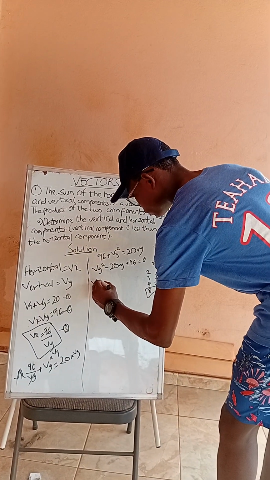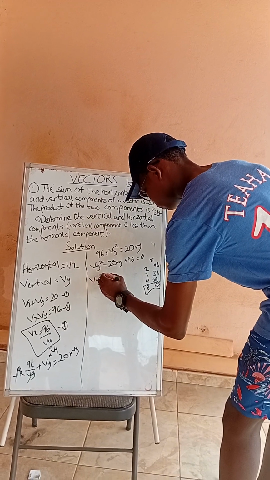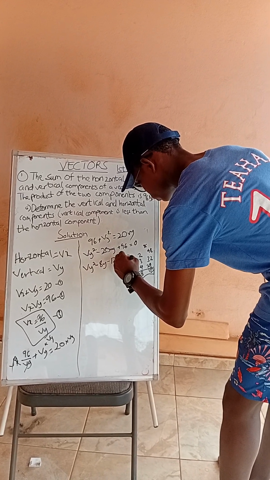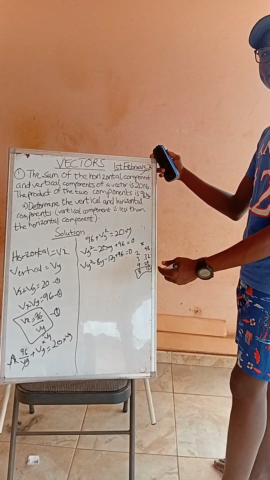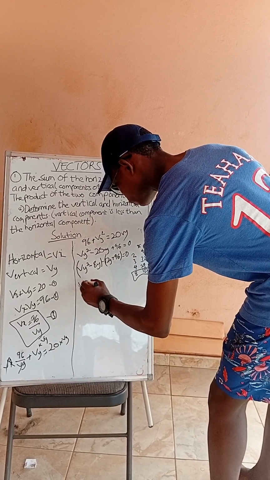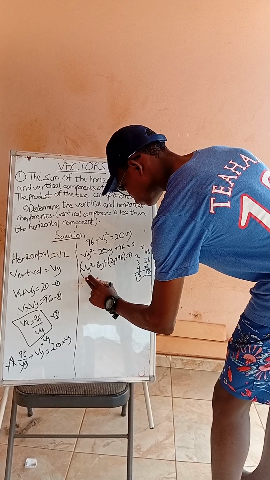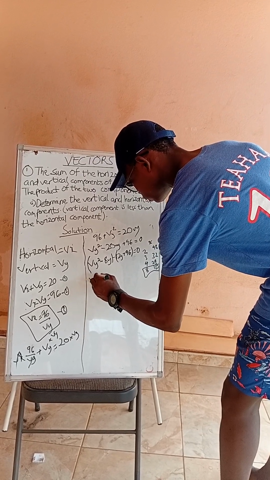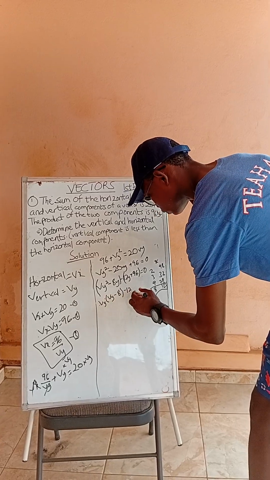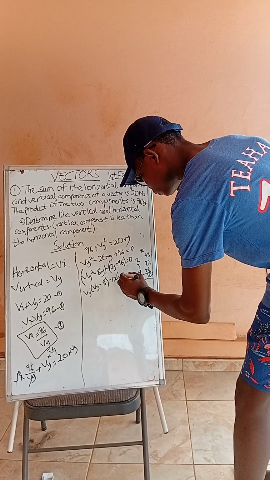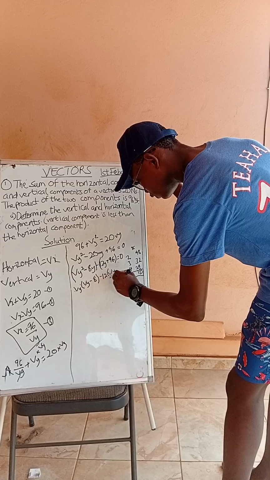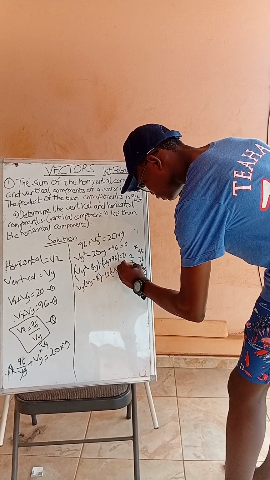Then now we factorize. So we can have Vy minus 12 and Vy minus 8 is equal to 0.